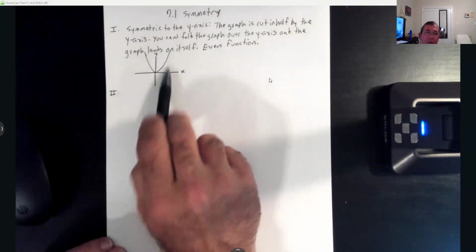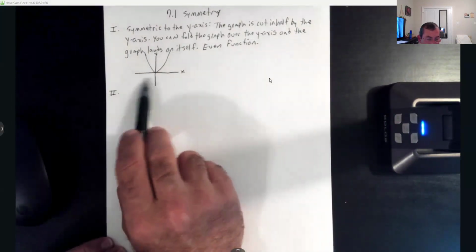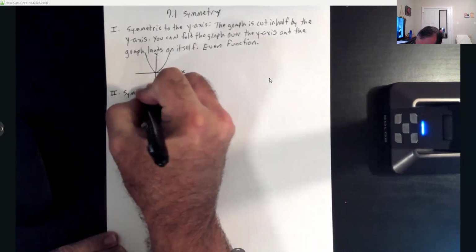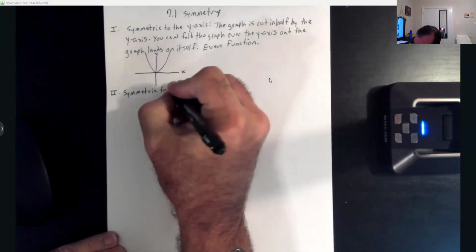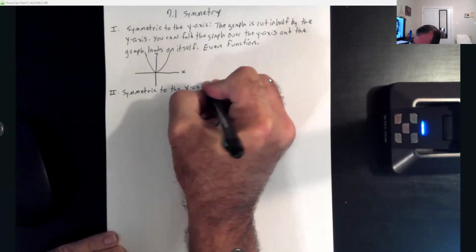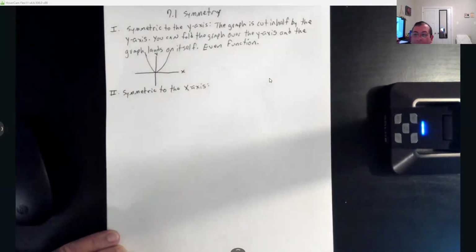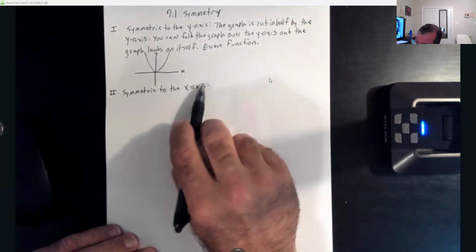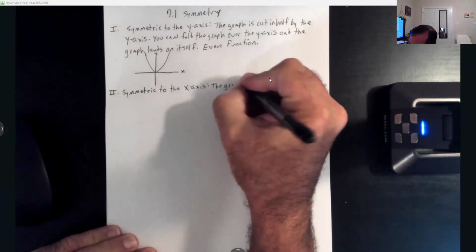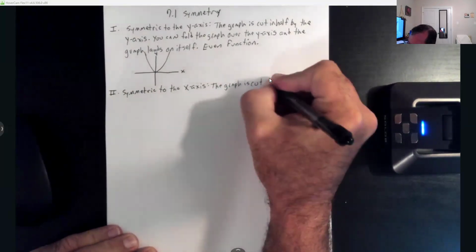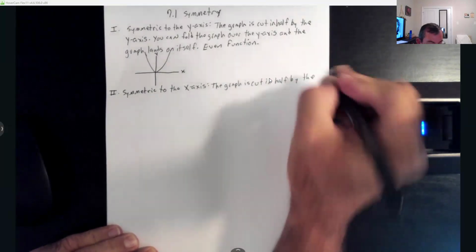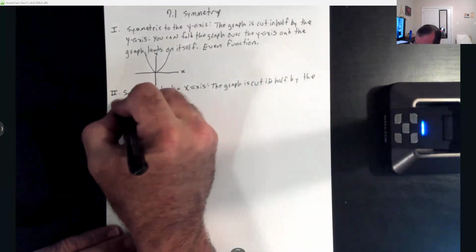All right, so we got symmetric to the y-axis. We also got symmetric to the x-axis. And this would be the same thing as this. The graph is cut in half by the x-axis.